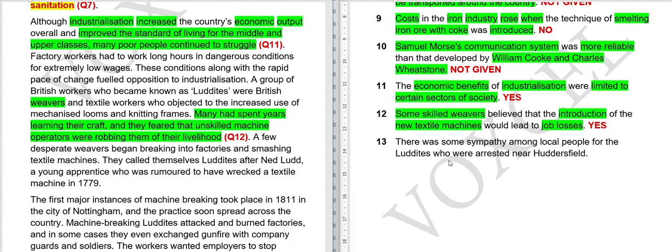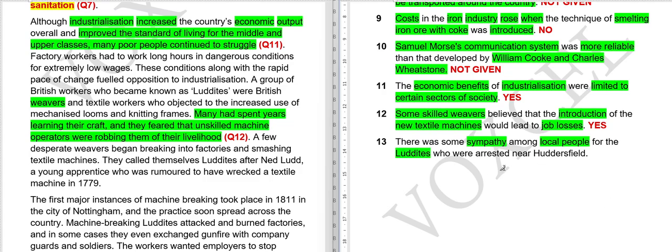There was some sympathy among local people for the Luddites who were arrested near Huddersfield. If I am not able to pronounce it correctly, I am sorry in advance. So the question is saying that there was some sympathy. So which people were sympathetic? Local people. Towards whom?